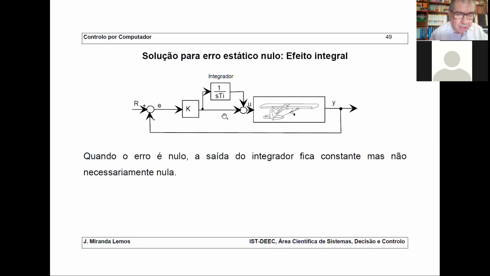And you can very easily do this summing, consider that. And this zero is on the left-hand plane and attracts the poles of the closed loop and contributes to stability. So you can increase the gain and not have stability problems, at least for very simple systems.